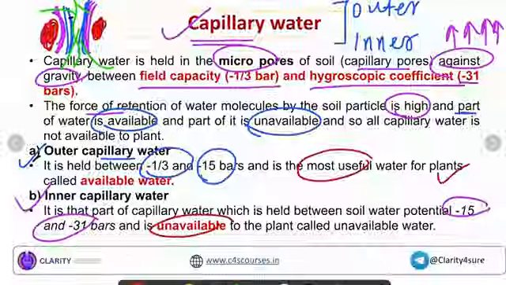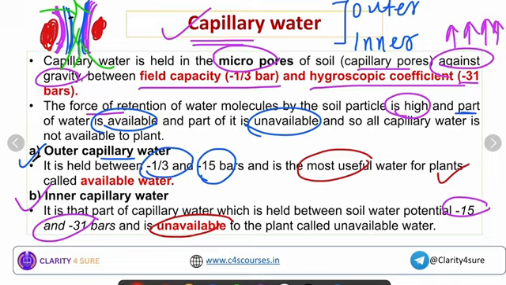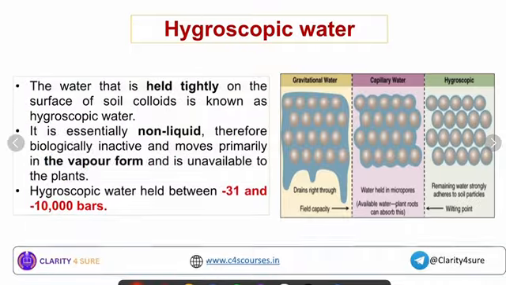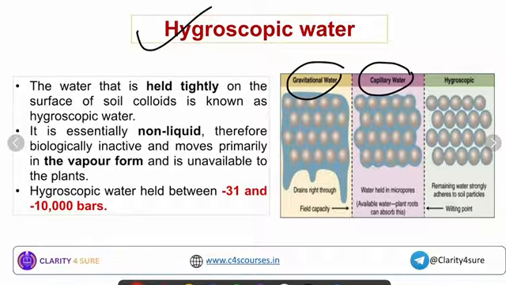So outer capillary is loosely held and inner capillary is tightly held. The one which is loosely held, that is outer capillary water, is available to the plant. Okay. So this is about the capillary water. Next one is the hygroscopic water. So we covered gravitational water, we covered capillary water.